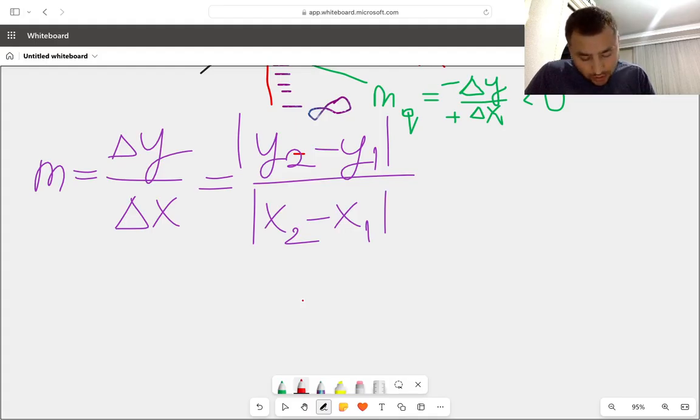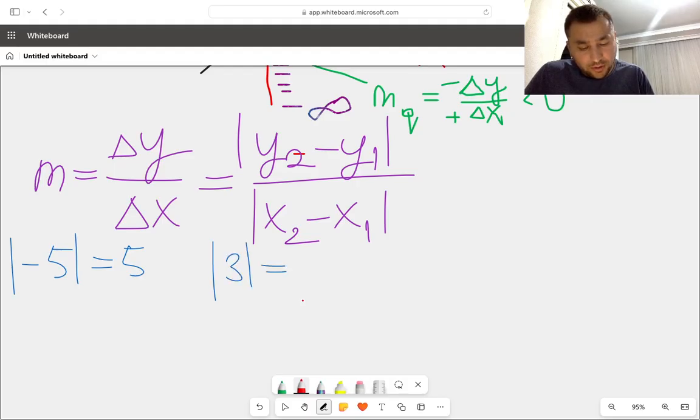If you don't know the absolute value, let me explain it quickly. If you take the absolute value of minus 5, it will turn out to be 5. If you take the absolute value of 3, it will be 3, because it just removes the minus part.